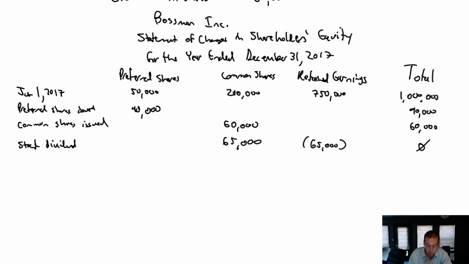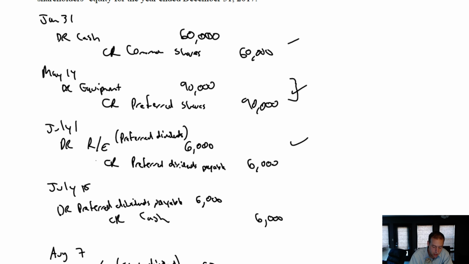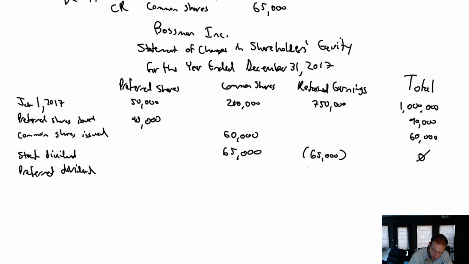Okay. What else happened? Well, we didn't have just a stock dividend. We also paid a preferred dividend. And it doesn't matter if we paid it or not. The fact that we declared it is enough. So you can see on July 1st, our preferred dividend is $6,000, just right there. And we're going to have to note that affects my retained earnings negatively.